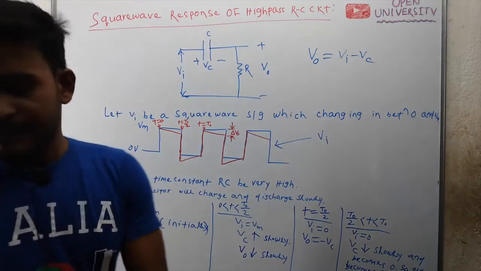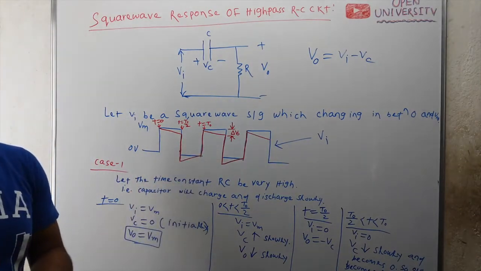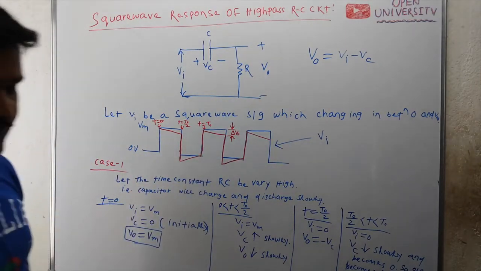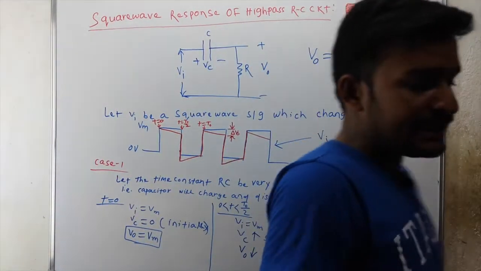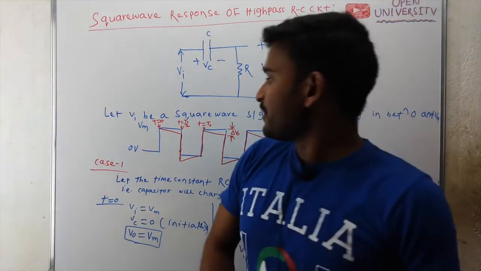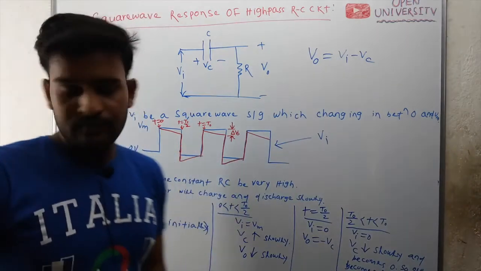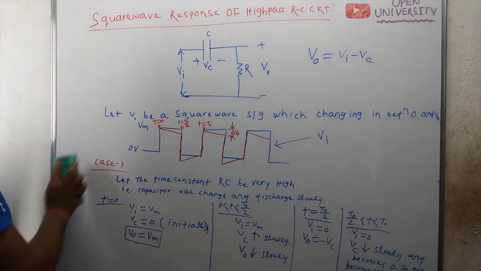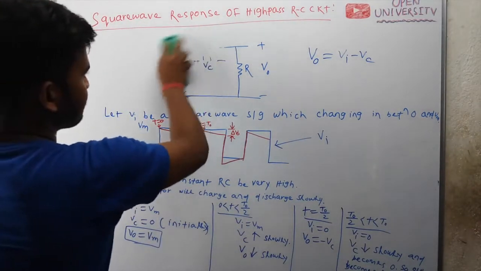Give the heading: this delta V naught is called tilt.